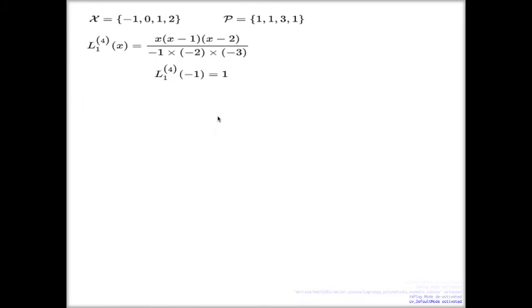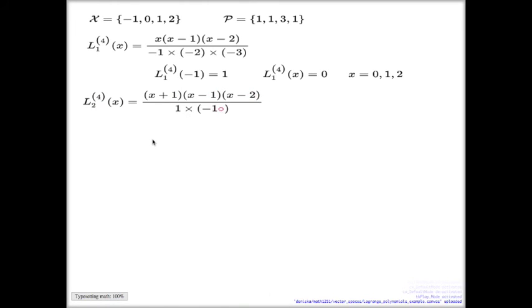As with any other Lagrange polynomial, if you test this polynomial at the point -1, it will be 1. If you test this polynomial in any other point, 0, 1, 2, it will be 0. This is a property of Lagrange polynomials we just discovered on the slide before in a general setting. Second Lagrange polynomial, I take all of these points except the second point. I build the linear brackets.